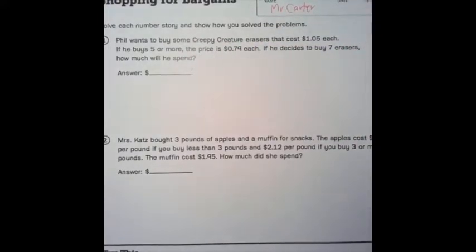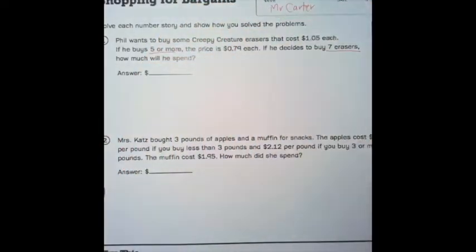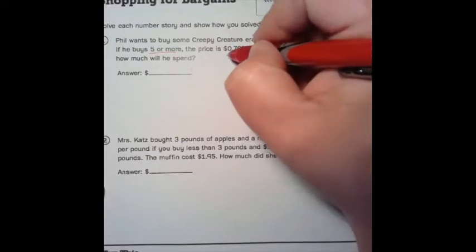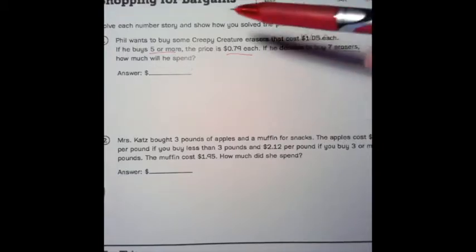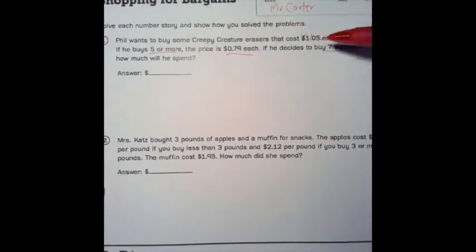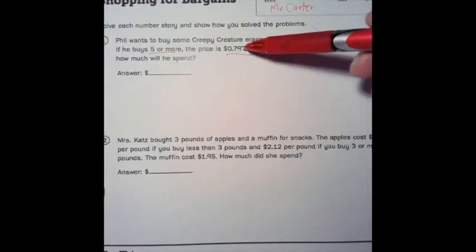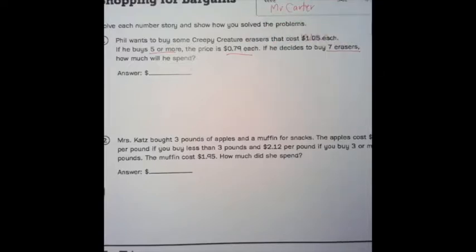So he's buying 7 erasers, which is at that 5 or more price of 79 cents each. So we don't need to worry about this $1.05 each because he's buying 5 or more. So we got to go 7 erasers times that sale price of 79 cents.